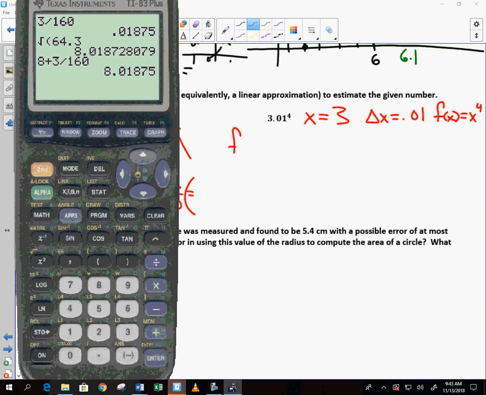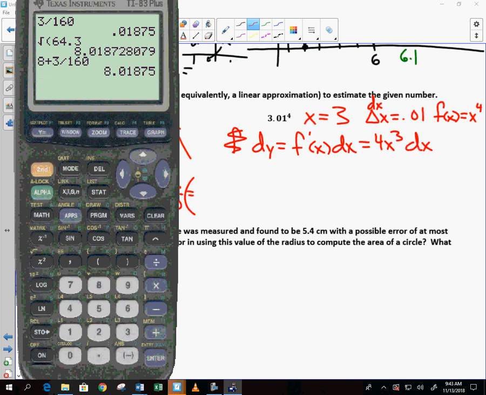dy is equal to f prime of x dx. Yes. Yep. dx and delta x are the same things. Okay. All right. What is f prime of x? 4x cubed multiplied by dx.